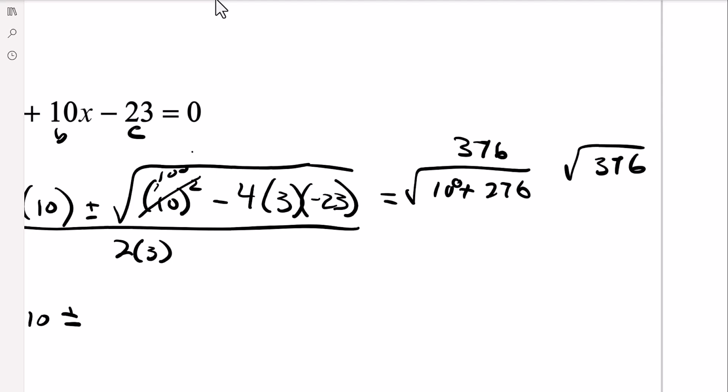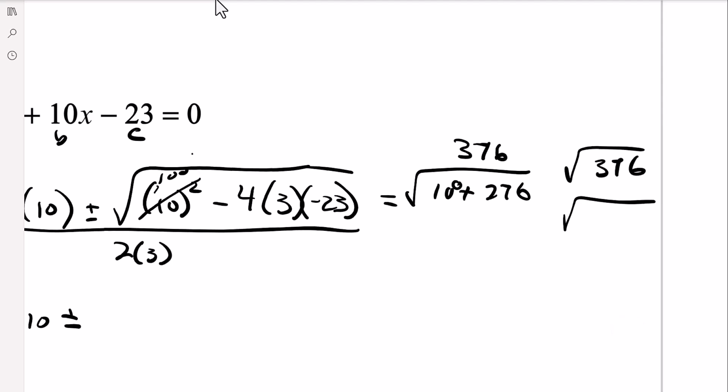I'm going to take 376, I'm going to divide it by 16. Nope. I'm going to divide it by 4. Yeah, there we go. So I'm going to rewrite that as 4 times 94. 4 comes out as 2.